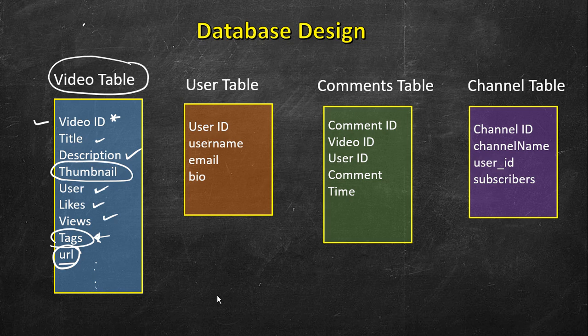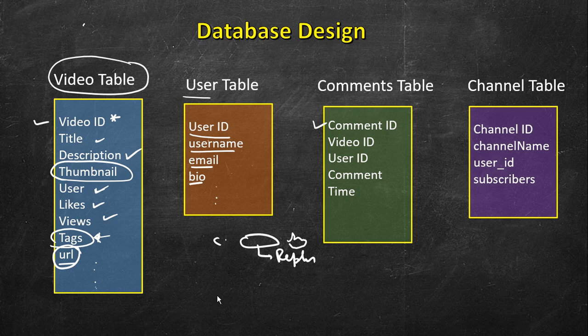Then there will be a user table with user ID as the primary key, then username, email ID, and details of the users. Then all the videos also have comments, and a comment can also have a reply within it, and a comment can also have likes. So there can be many more data associated with just the comment itself.